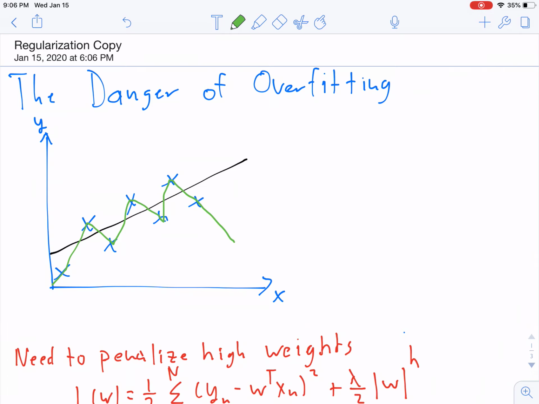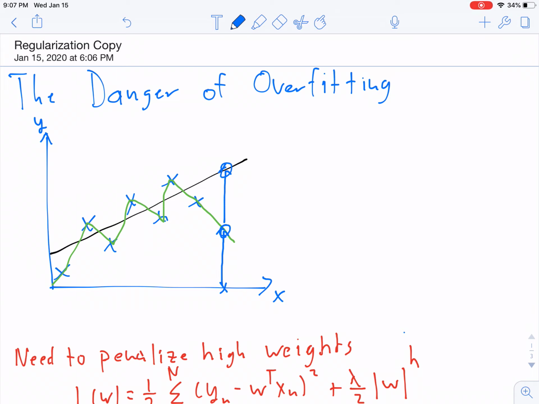And this can be a problem because let's say we want to make a prediction about some new x value right here. Our overfit model will predict this value here, whereas a more accurate model will probably predict something around there. So our overfit model is not going to have strong generalizability, or ability to predict things outside of the initial data set.